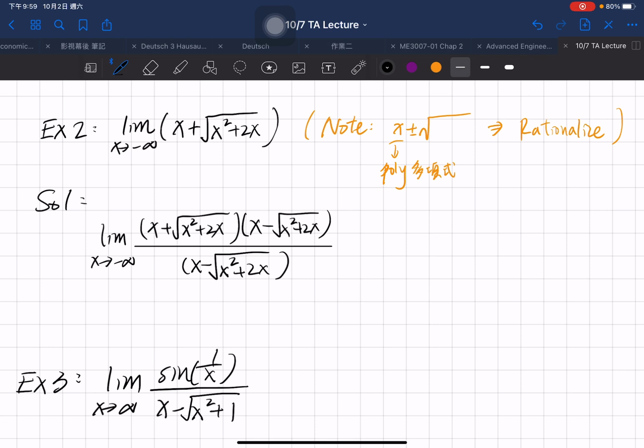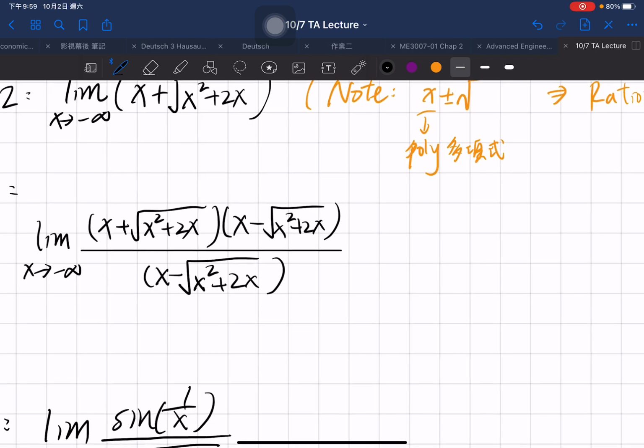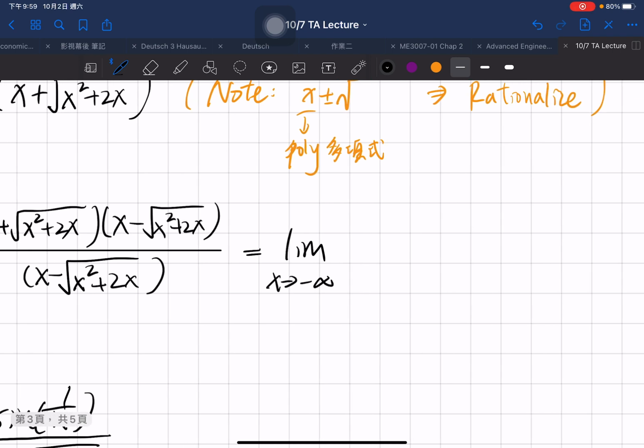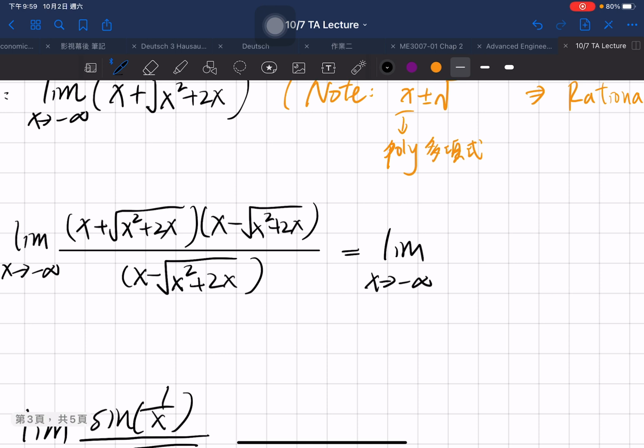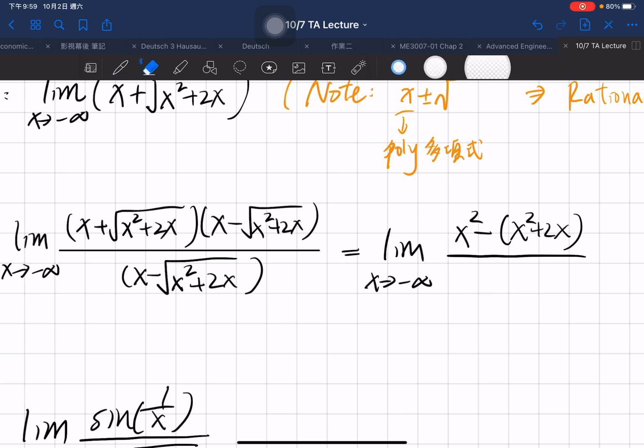Okay, so now it will equal the limit as x approaches minus infinity, and above you will get x squared minus (x squared plus 2x) over x minus the square root of x squared plus 2x.